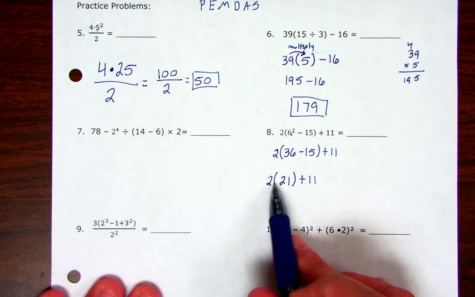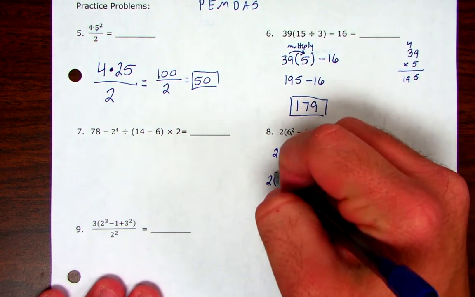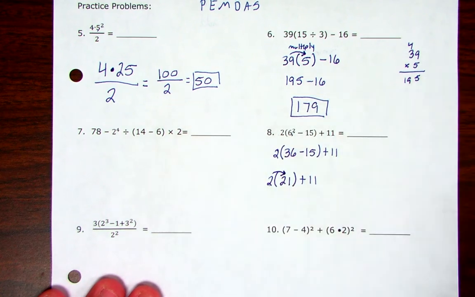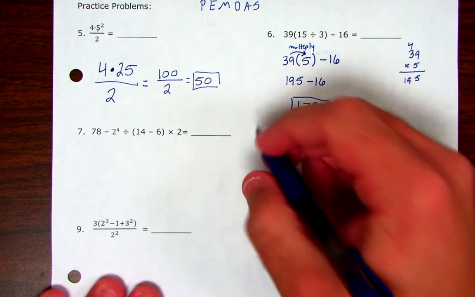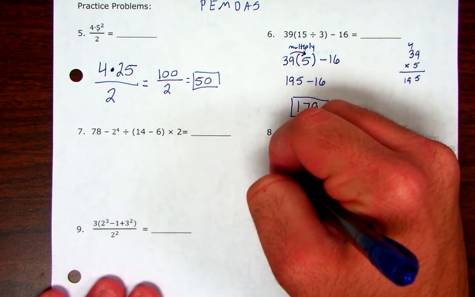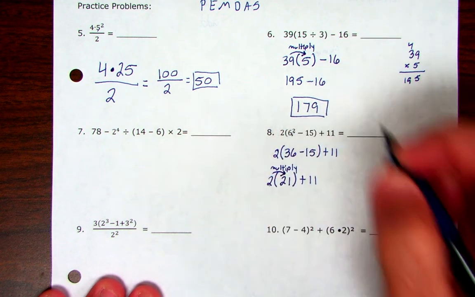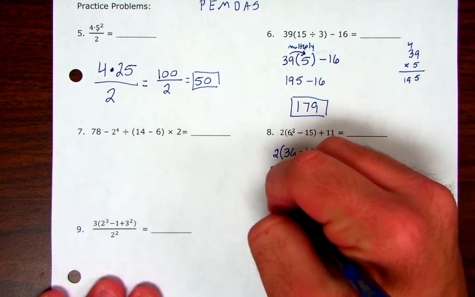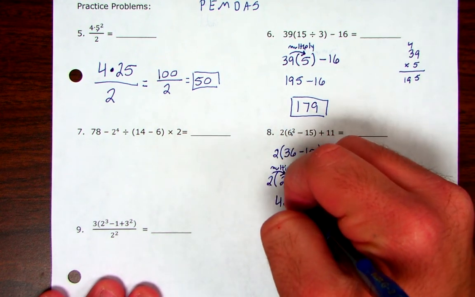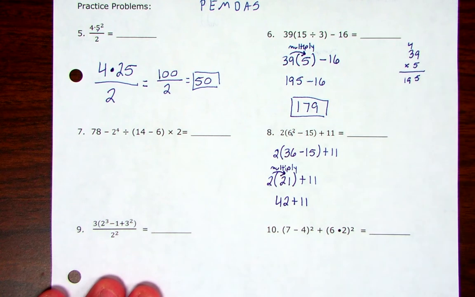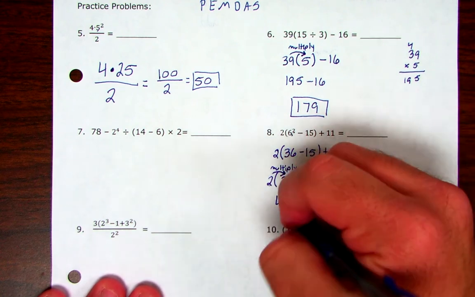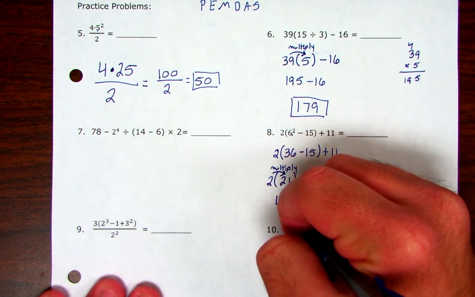So what does that mean? Distribute. Multiply. So what is 2 times 21? Well, that's 42. Bring down the plus 11. 42 plus 11 is 53.